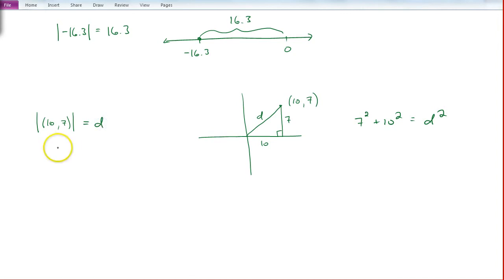So the absolute value of (10, 7) is equal to the square root of 7 squared plus 10 squared, which we all know to be the square root of 149. And while we're here, why don't we estimate the square root of 149? Well, 12 squared is 144, and 13 squared is 169.